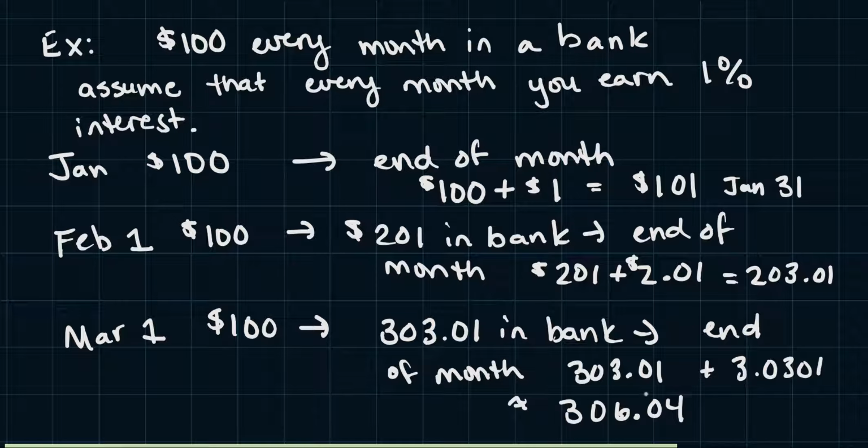So you see what's happening. Each month you're adding money into the account, and each month you're earning a little bit of interest. And that interest is based on all the money that's in that bank account at the end of the month.